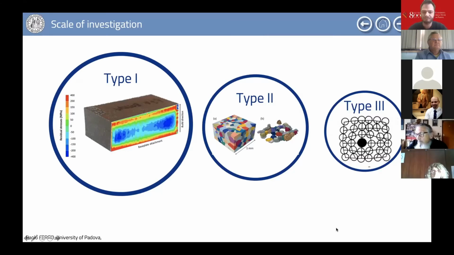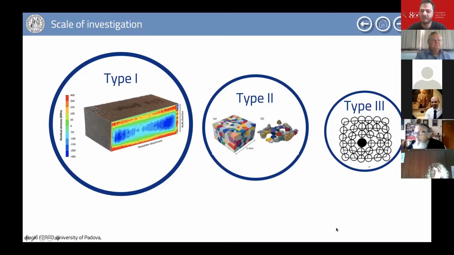Then we have residual stresses type 2, in the mesoscale of investigation, arising when we have, for example, a precipitation of a secondary phase, or in general a solid state transformation, such as the transformation from austenite to martensite or austenite to bainite and so on, because we have a variation in specific volume. This mismatch induces a residual stress inside the bulk of the components.